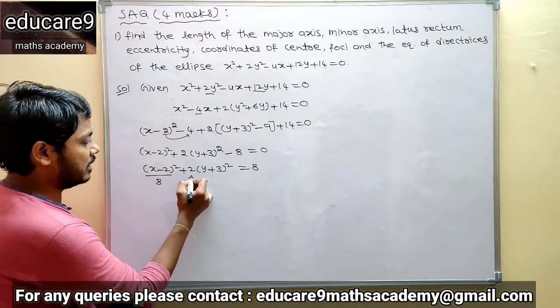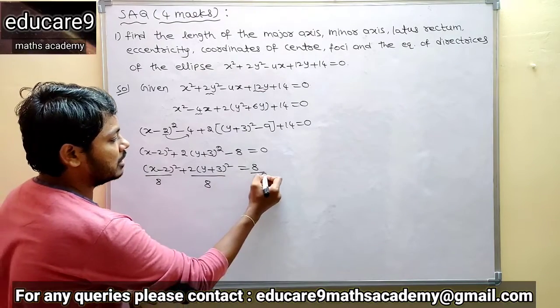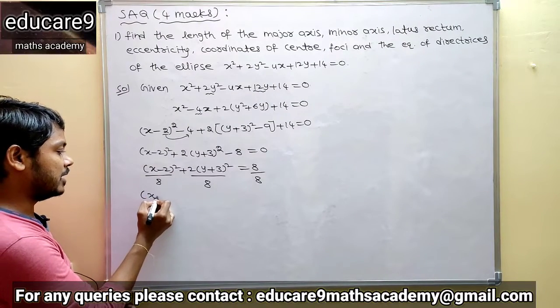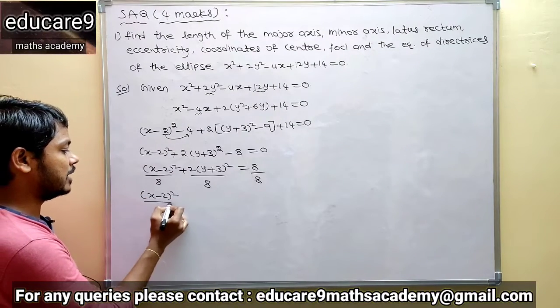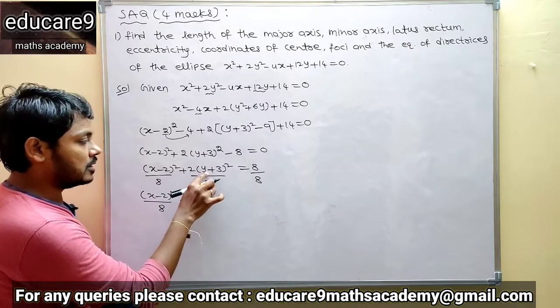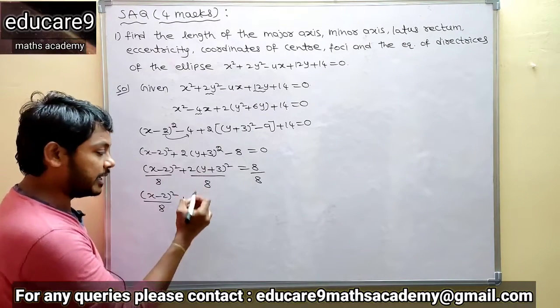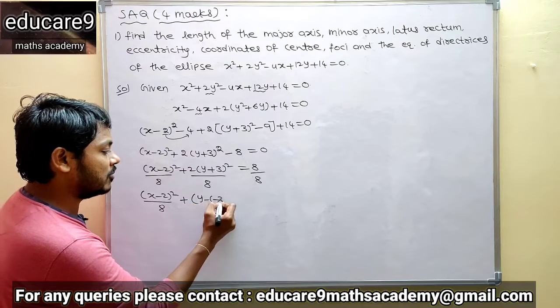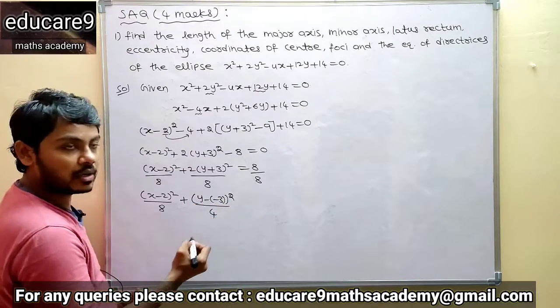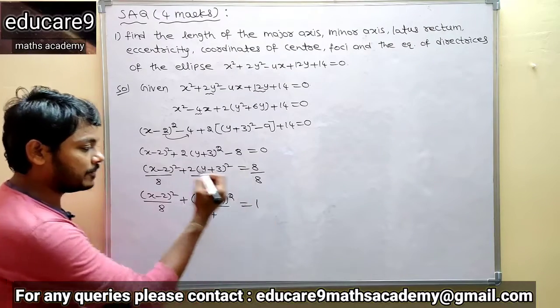Divide by 8 here, and on the RHS also divide by 8. Now this is (x minus 2) whole square by 8. Next, this y plus 3 can be written as (y minus of minus 3) whole square divided by 4. This is equal to 1.